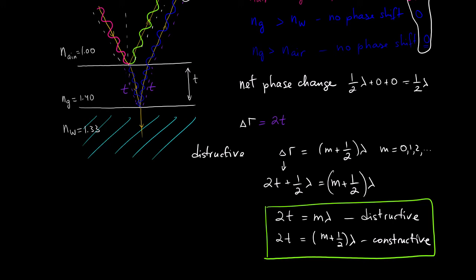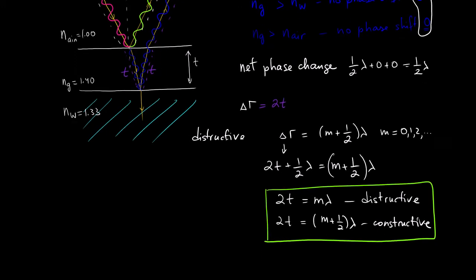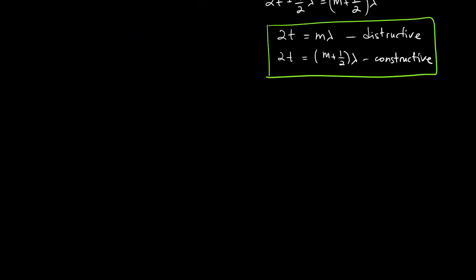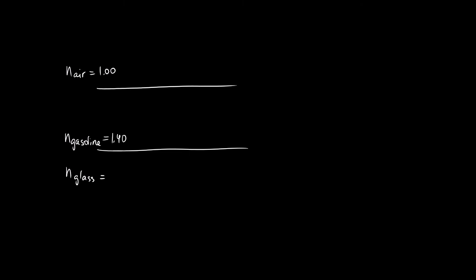Now let's discuss another situation where the gasoline is on top of glass instead of water, where the index of refraction of glass is 1.52, and gasoline is our thin film that has a thickness of t. Okay, so let's try to construct the same situation.